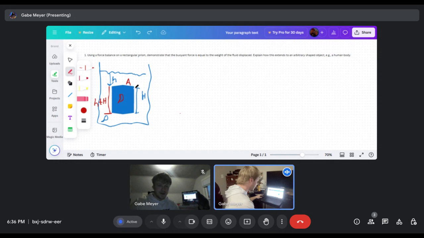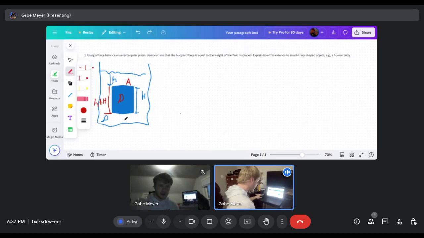Then we have the height from the water to the top surface of this rectangular prism, which is little h, and then the height of the prism, just big H. And then the depth of how far down this rectangular prism goes is just little h plus big H. Then we have the area of this top surface. We just have the area. We have the density of this rectangular prism, then the density of the fluid.